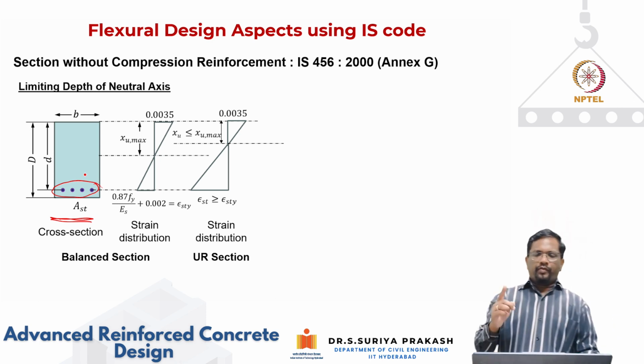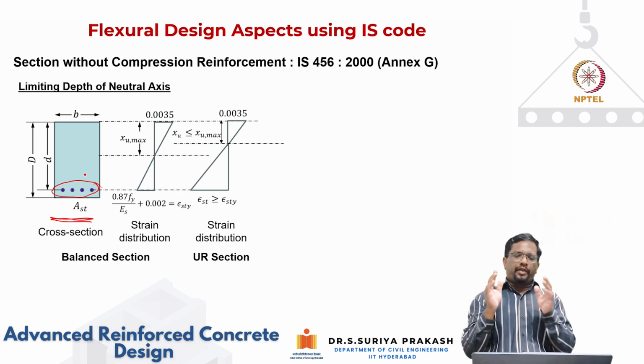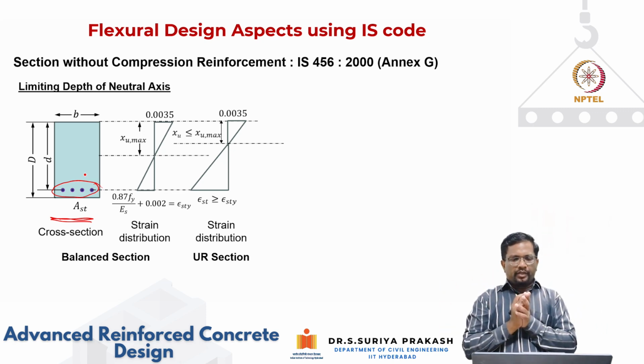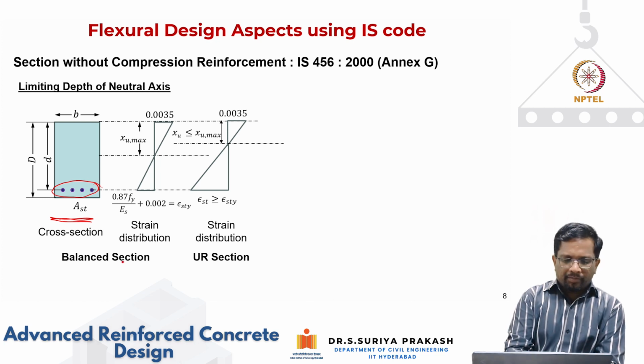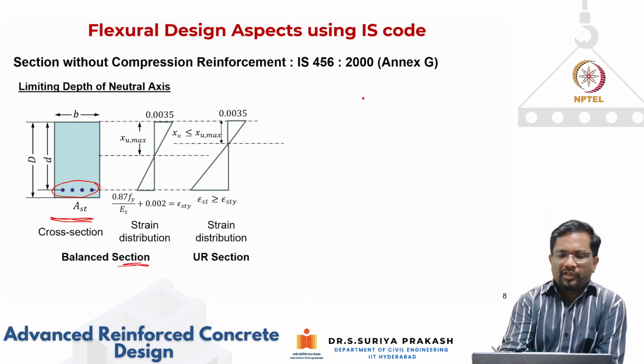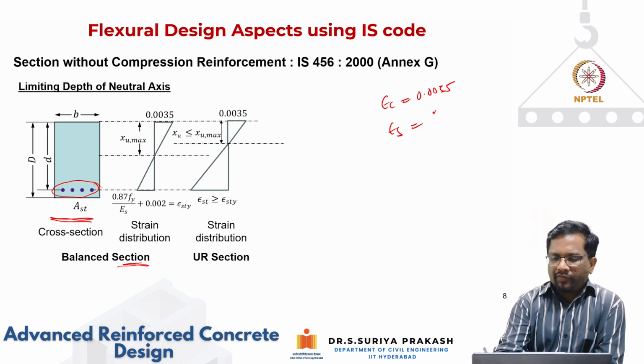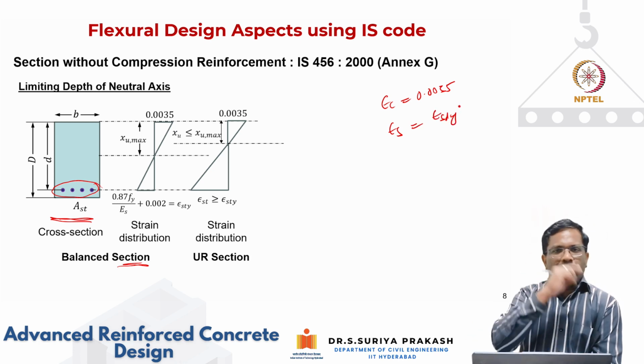Now we are showing only the ultimate conditions. For example, this is your balanced condition. Again, what is the definition of the balanced condition? Concrete should reach a strain of 0.0035 and steel should reach a strain of design yield strain, simultaneously.